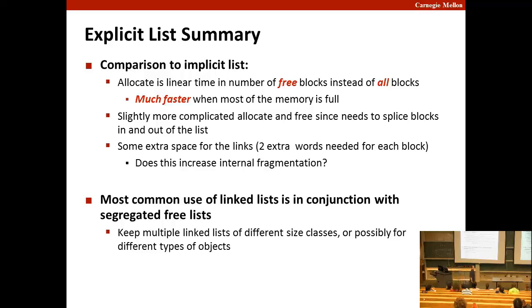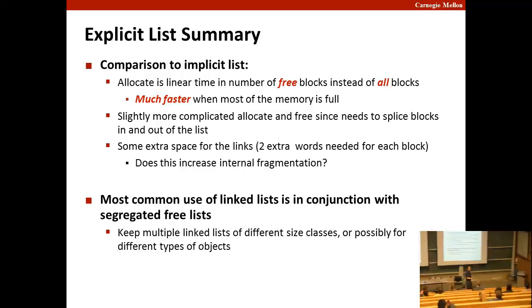At the beginning, all of memory is free, no problem. Very rarely am I actually walking through a used block. But as I start to use memory, more and more of my implicit list contains things that are used, not free, so my searches get longer. The explicit list solves that problem. It's slightly more complicated because you've got pointers in addition to sizes.